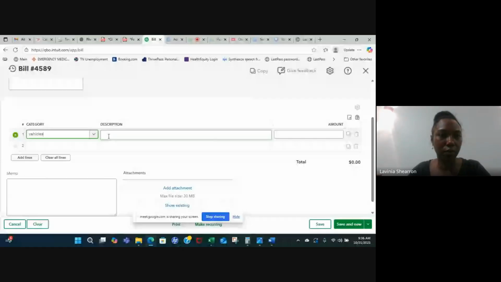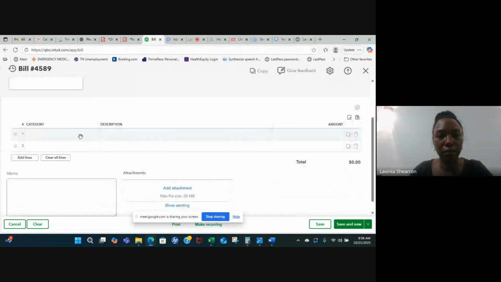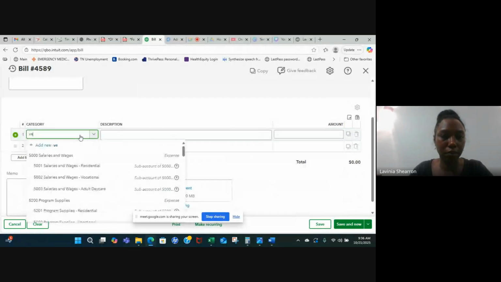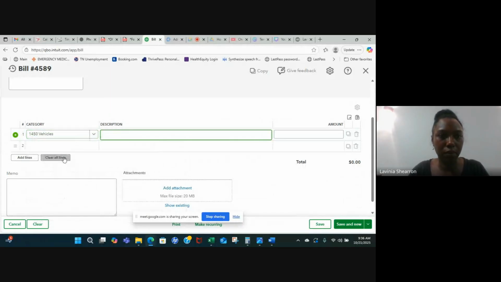Categories, the vehicles. That's in our fixed assets.